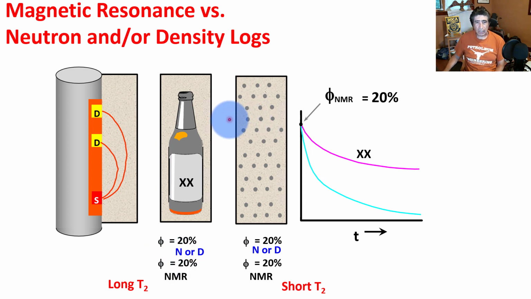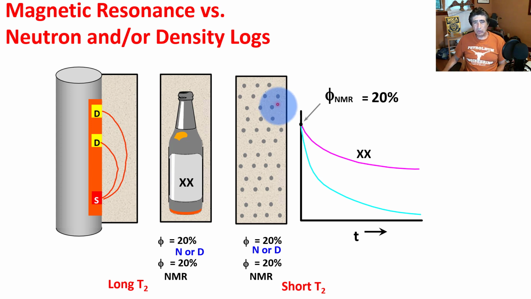When we look at a piece of rock that has, let's say, 20% porosity, if we look at this rock with neutron density logs, we will not be able to say whether that rock has very large pores, like these Dos Equis beer, 20% porosity, or it's coming from small pores. And of course, we know that the difference between small pores and large pores, even though it's 20%, will make a big difference in the transport properties of these rocks. So we have to be able to distinguish this.